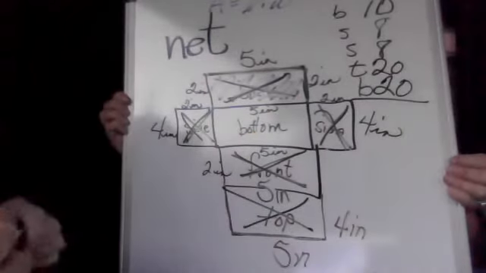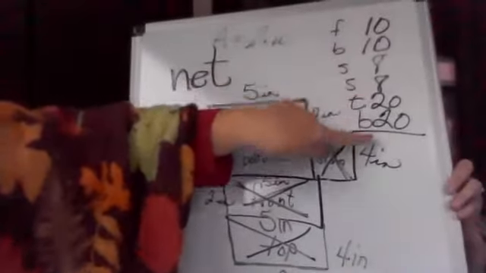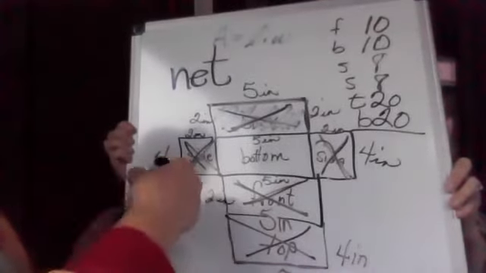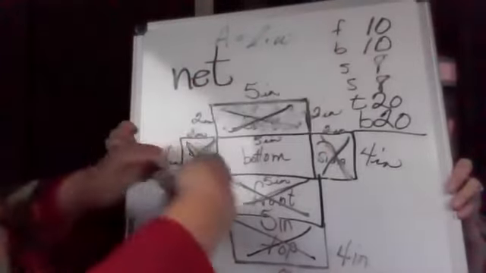For a rectangular prism, always remember that we're going to have 6 pieces. 1, 2, 3, 4, 5, 6. Okay, so now we just add up. 10 and 10 is 20, 30, 40, 56.